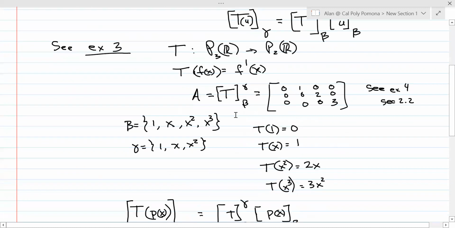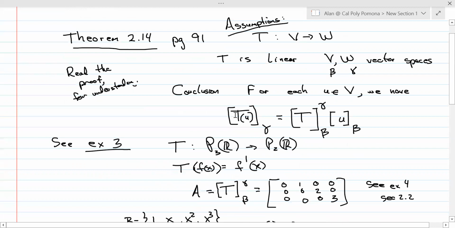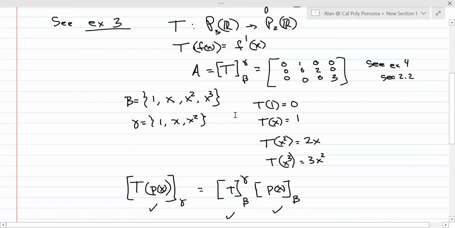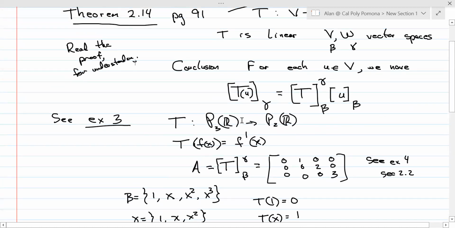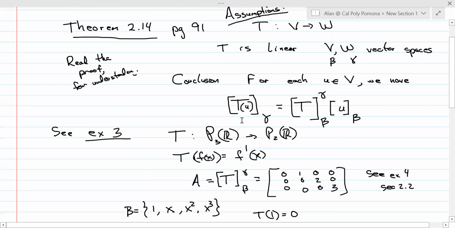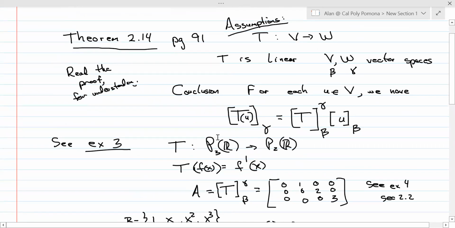Before I turn away from this, any questions about this example? I think the example is very illustrative. It does give you a feel for what's going on. It would even be probably, in my mind, a better example if they didn't mess it up with polynomial vectors. That's okay. What would be an easier example of this?